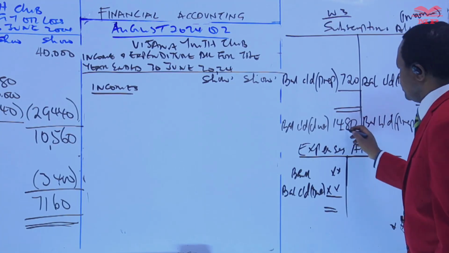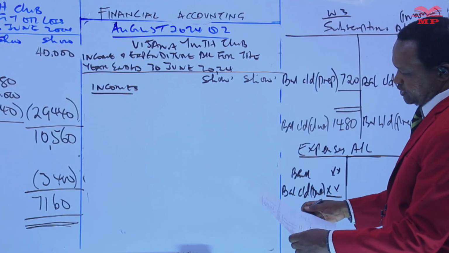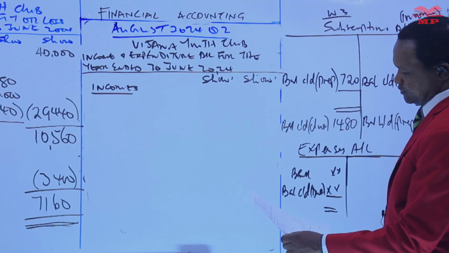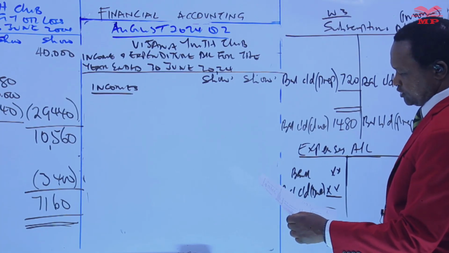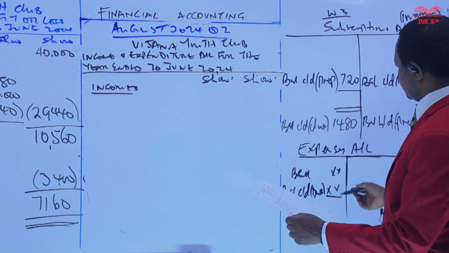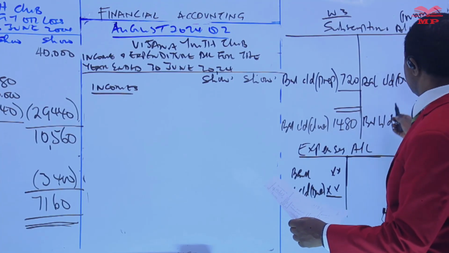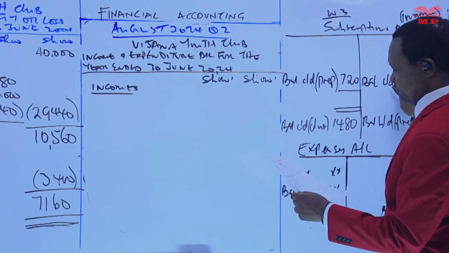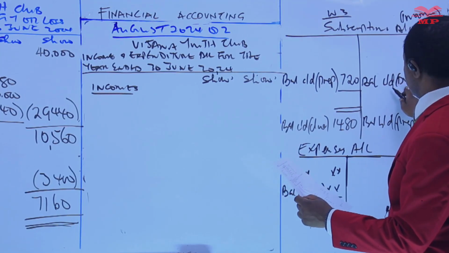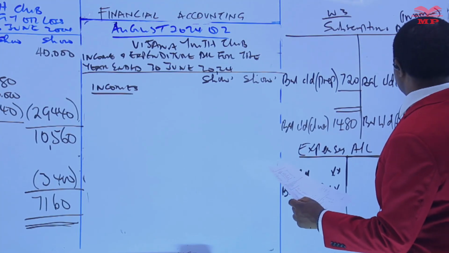So with this, now you are guided. You can now insert the subscriptions in advance. The subscriptions in arrears was supposed to be 1840. I didn't pick the right ones. This is 1840.